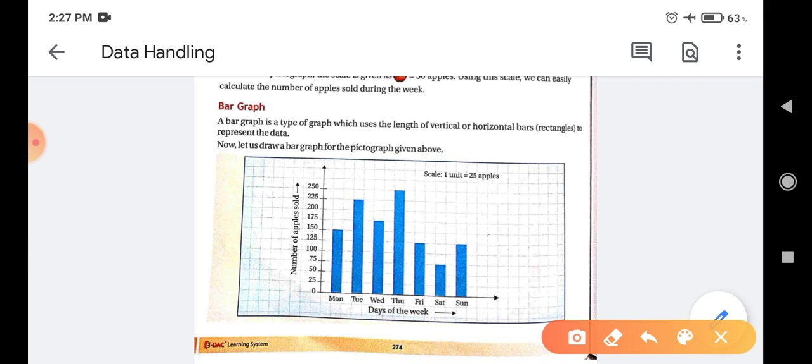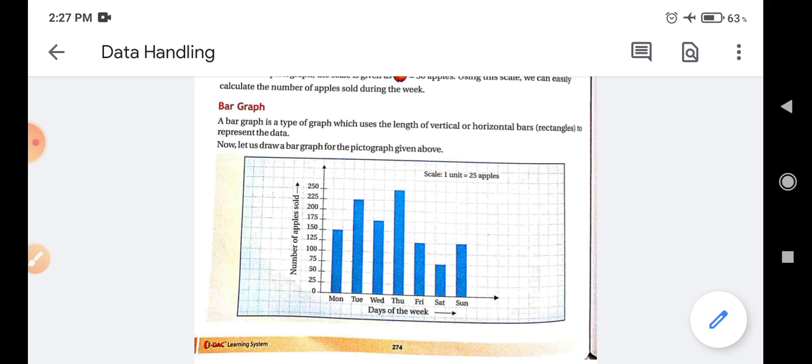And then we will draw the bar graph. On Monday 150 apples were sold, so we have drawn the bar up to 150. Then on Tuesday 225 apples were sold, so we have drawn a bar up to 225. In this way we can draw the bars for all the days of a week.